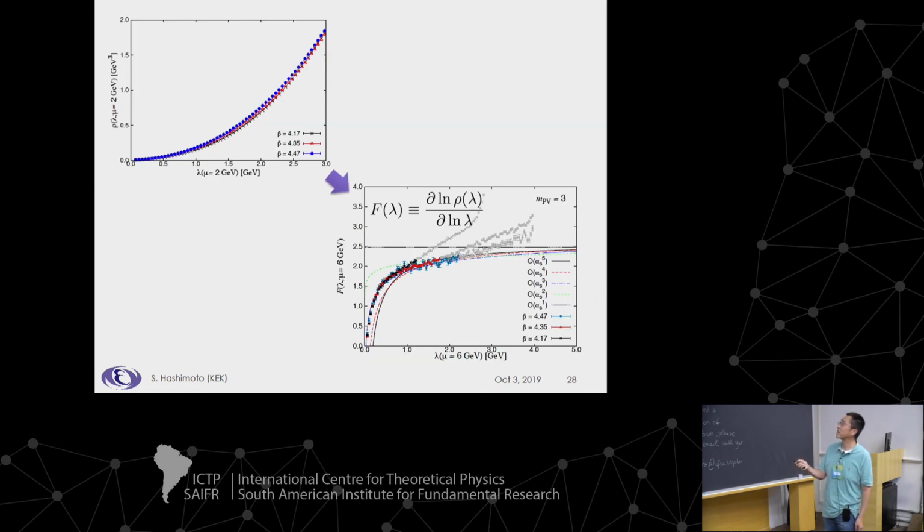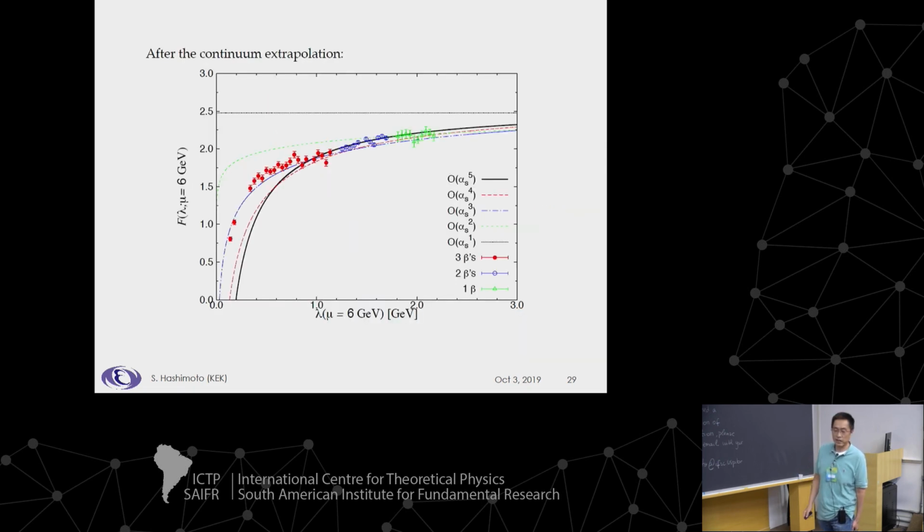I defined the derivative of the log to see if it deviates from 3. And this is the data. By the non-perturbative calculation, I see that this is significantly smaller than 3. And we see larger and larger deviation at lower energies. That we can compare with the perturbative calculation.